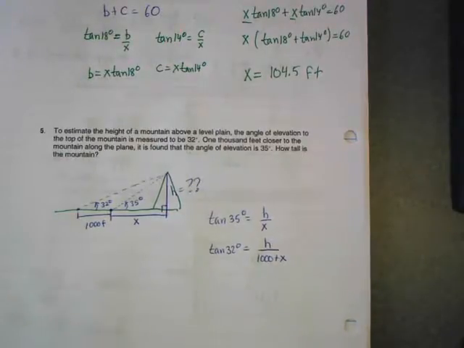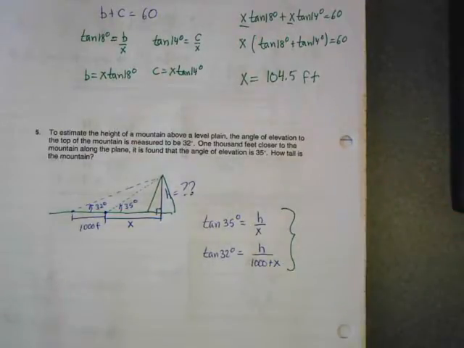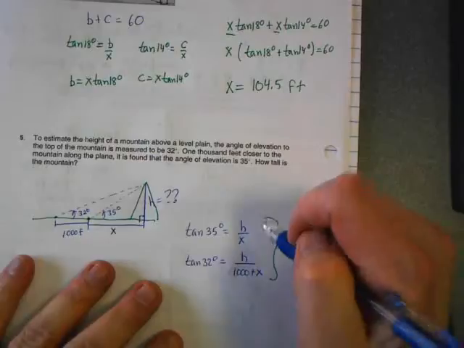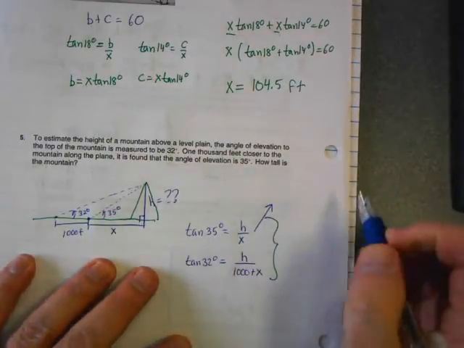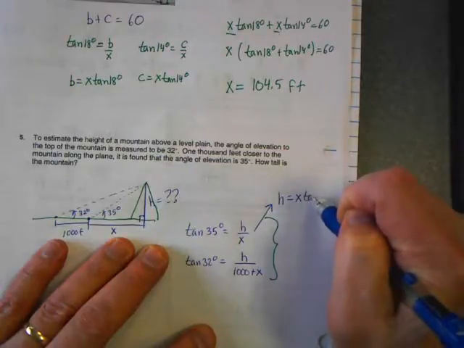All right, so what we end up with is two equations containing two variables. We end up with a system of equations more complicated than the kind you did in Math 1412. How would you solve that? So for example, this one, H is X tangent 35.